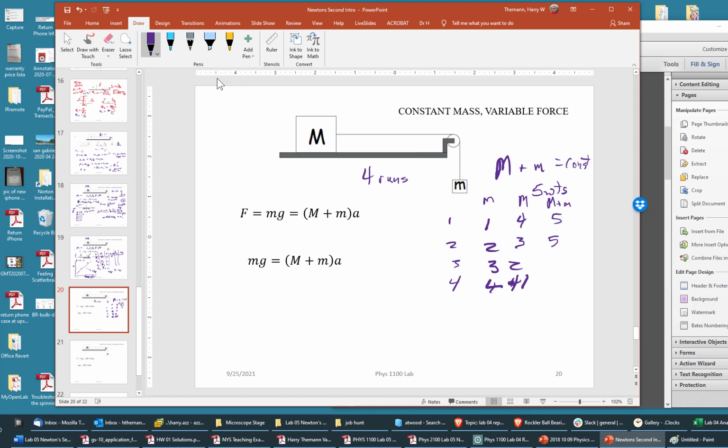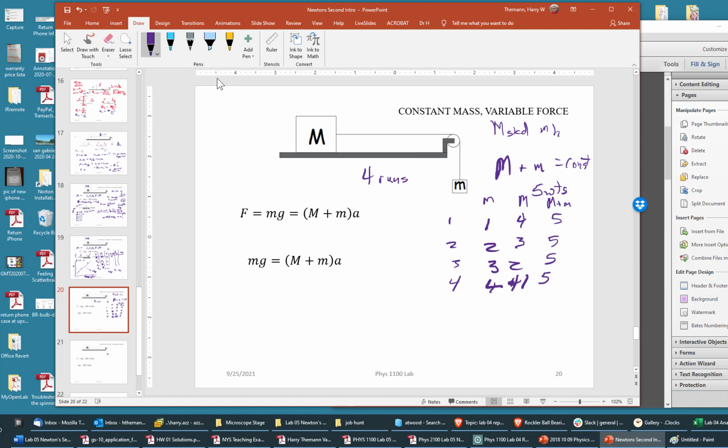Now, don't forget that we have to add in the weight of the hanger and the weight of the sled. So we need to know the mass of the sled and the mass of the hanger, but that stays constant throughout.